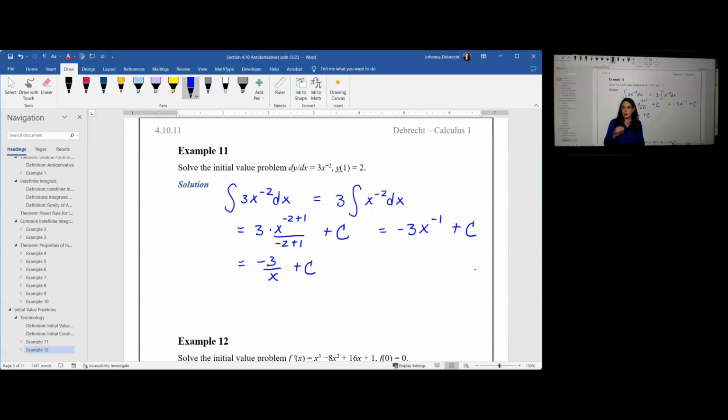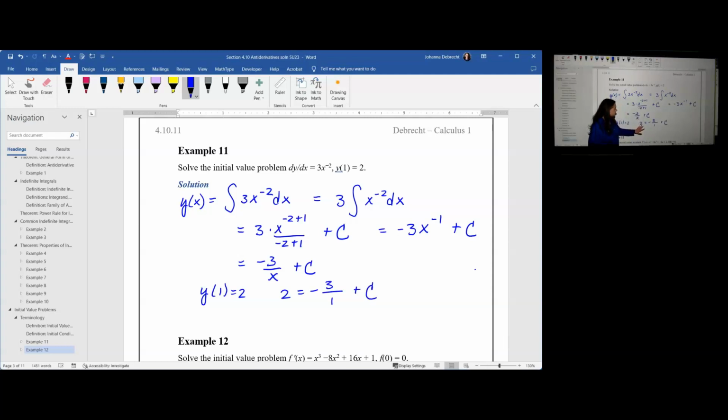This is the general class of solutions, but I want the specific solution, which means I'm going to use my initial condition that when x is 1, y is 2. What I found is a function y of x. I'm going to take my value for y when x is 1, and I'm going to set it equal to my antiderivative function with 1 replacing the variable x.